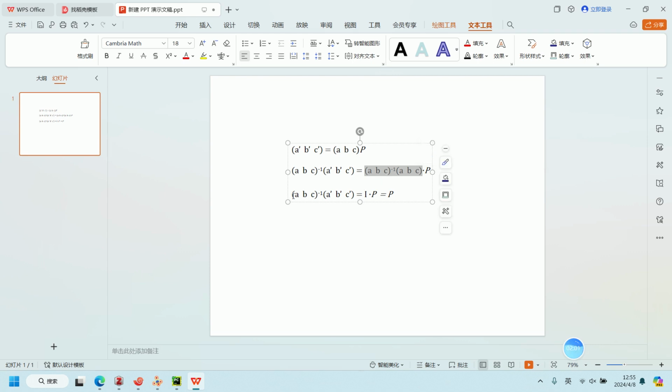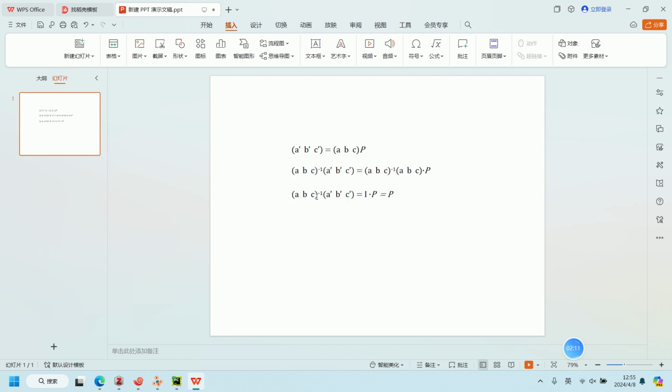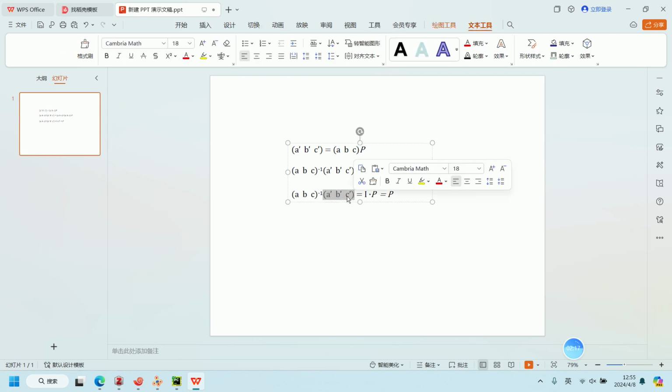So we get this relation, and we can determine the P matrix as this. So our job is to determine the old set of basis vectors and the new. This is our old set of basis vectors. This is our new set of basis vectors.